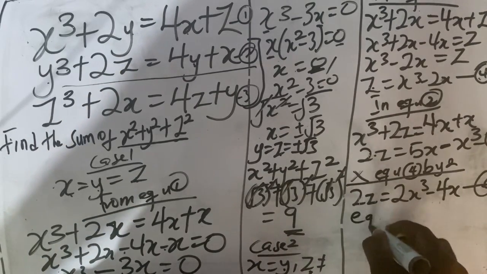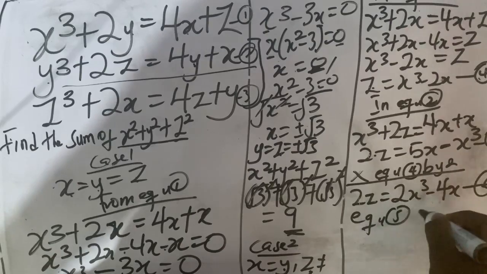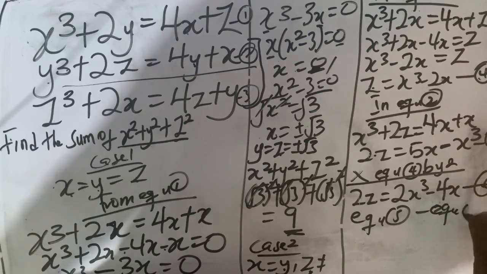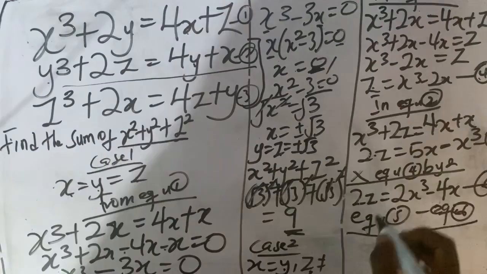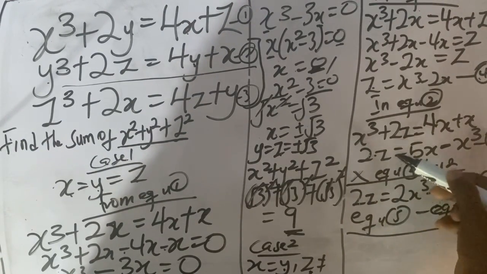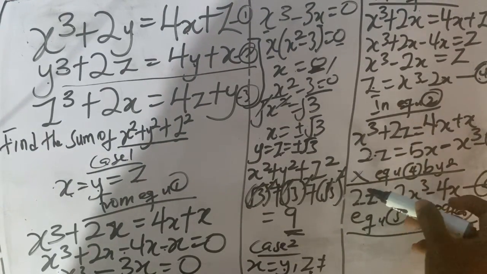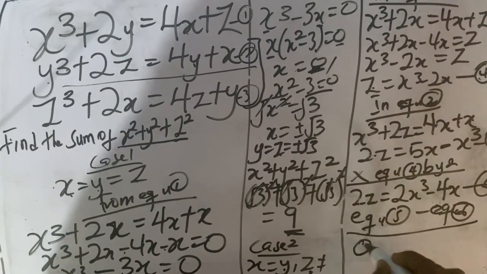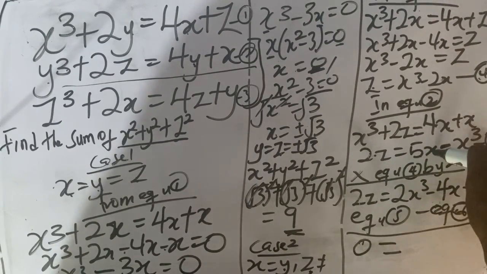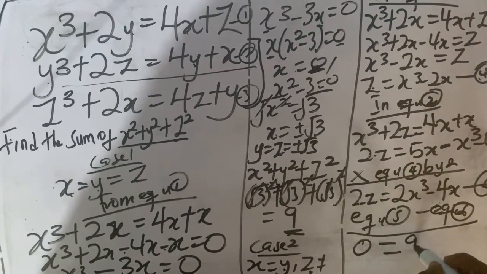So we have equation 5 minus equation 6. Equation 5 is this. So 2z minus 2z goes away to give us 0, and then we have 5x minus 4x, that will give us 9x, and then with the cube component we have negative x cubed minus 2x cubed, that will give us minus 3x cubed in this case, right?